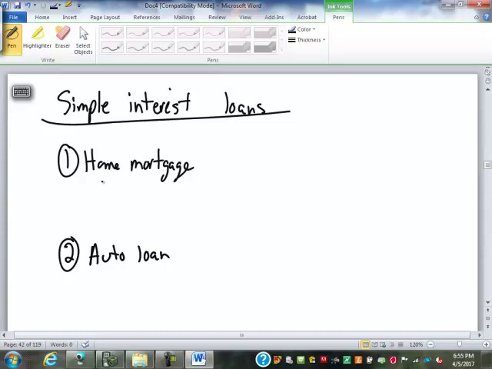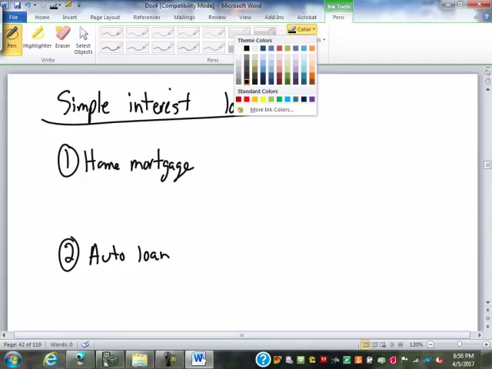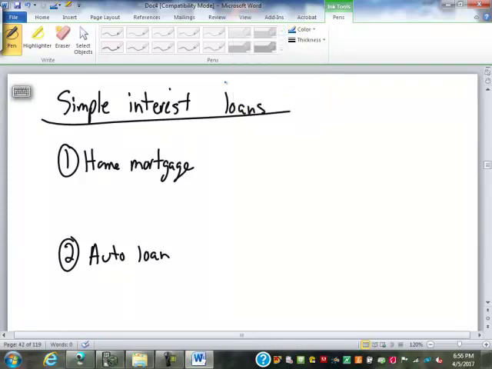Now, on a home mortgage, if it's a 30-year mortgage, obviously that doesn't mean they figure out all the interest for the 30 years and add it in at the end. How is it that they can get away with doing simple interest on these loans? Well, on simple interest, interest is calculated in one of two cases.